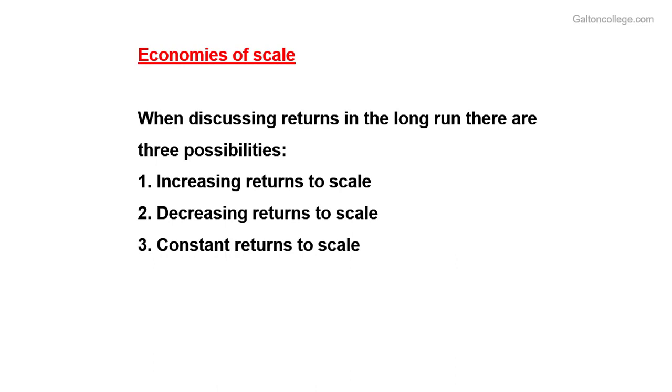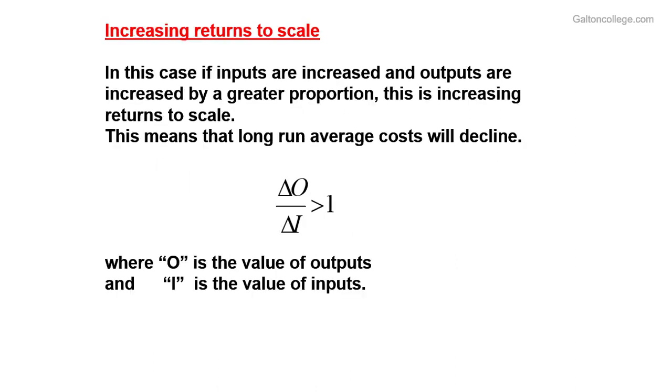Or constant returns to scale: as it gets bigger, its returns or its profitability grows with it. It becomes more efficient in line with its growth. So there are three ways of measuring the size of a business. Scale, we mean size. Increasing returns to size, decreasing returns to size, and constant returns to size.